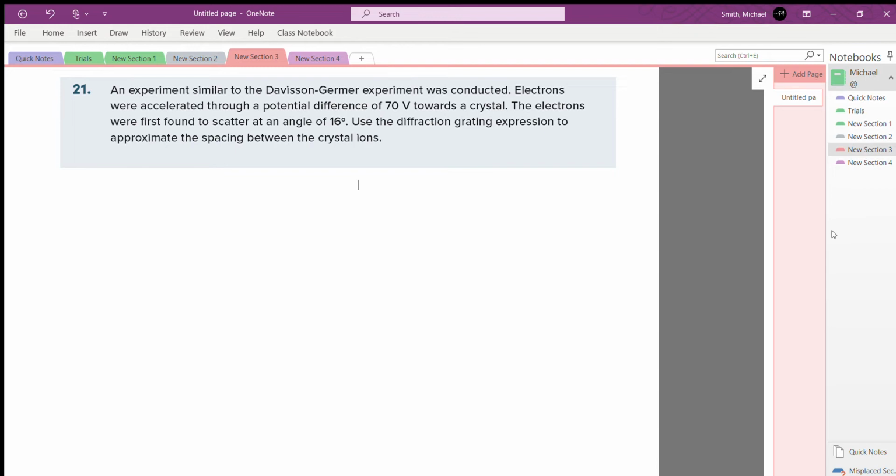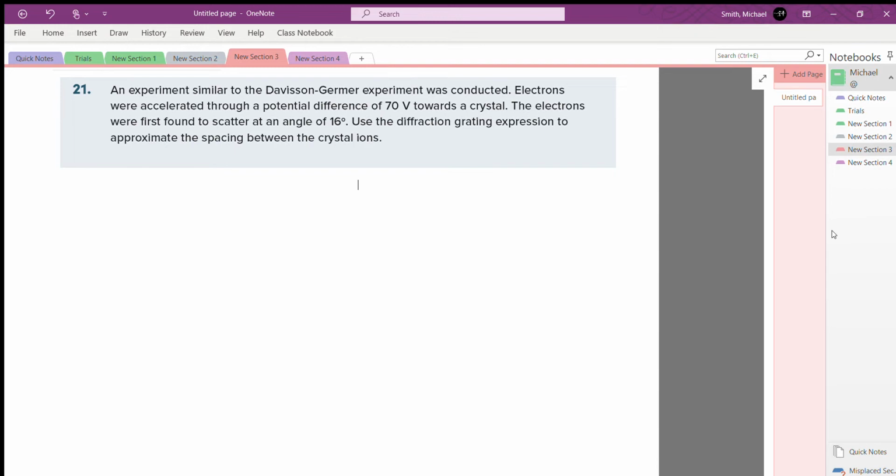The diffraction grating formula is m lambda equals d sine theta. We're trying to calculate d. Therefore, we need the wavelength of the electrons. In order to find the de Broglie wavelength, we need the speed of the electrons. In order to find the speed, we need to calculate the energy of the electrons. And that's where we start.